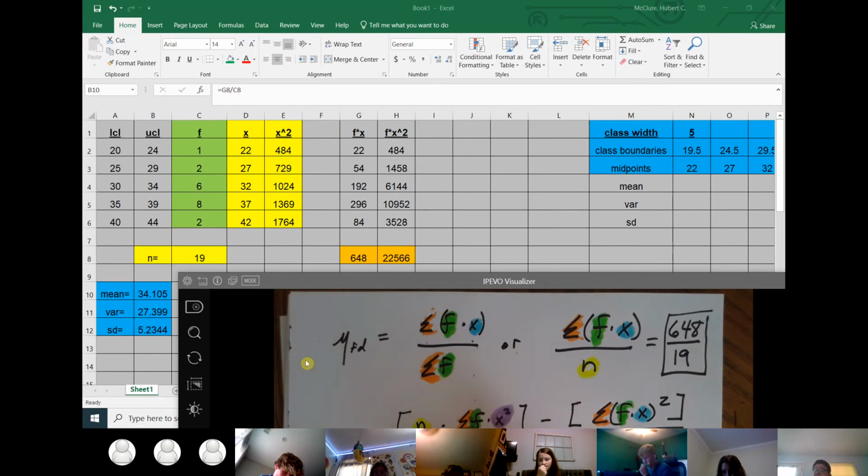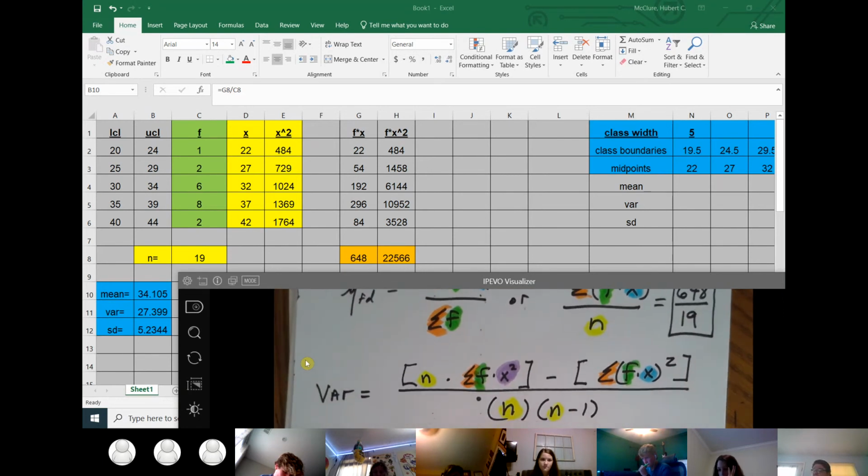Now you need to plug and chug into this formula. So that means N is 19.